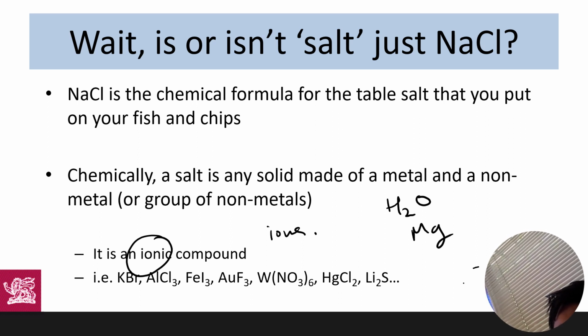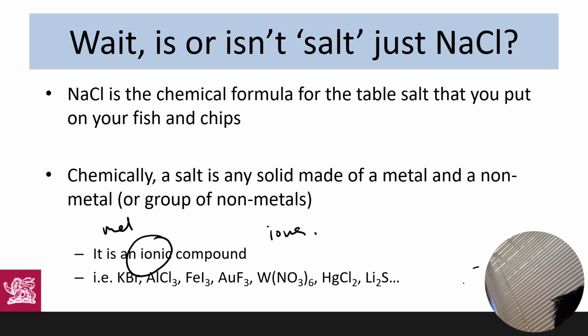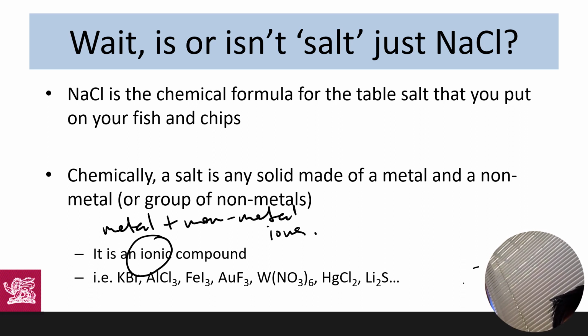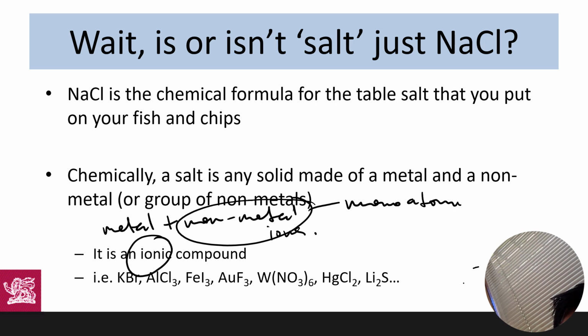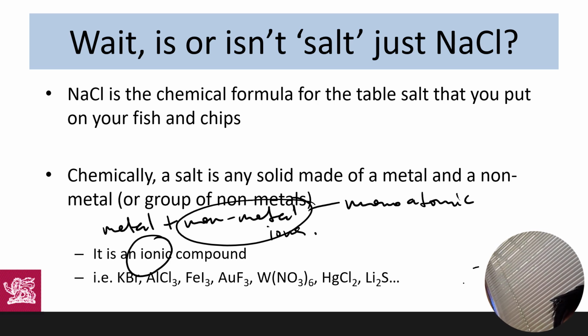So how do you know if it's an ionic compound? Well, a good clue is that it's made of a metal and a non-metal. And this non-metal can be monoatomic, as in one atom, or polyatomic.